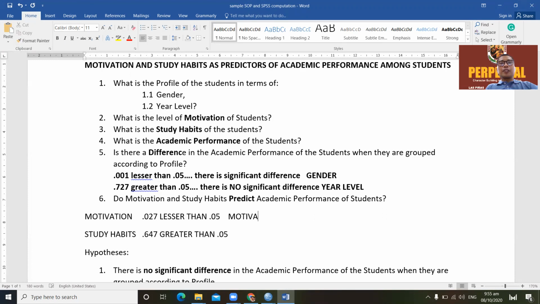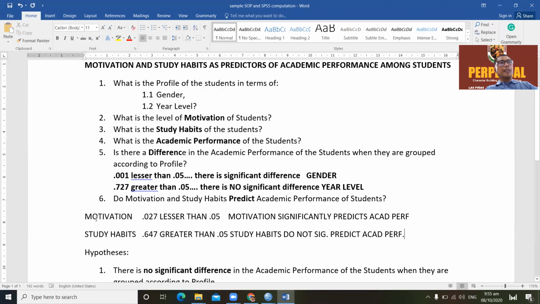However, study habits do not significantly predict academic performance. Okay, so therefore, with regards to the question, do motivation and study habits predict academic performance?